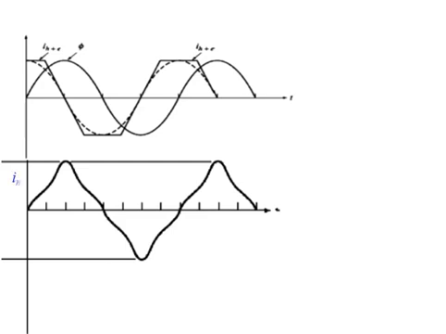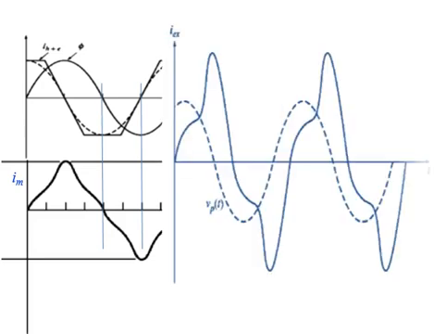Now we are going to add both of them and get the results, and in the blue color you will find the resultant graph, which is ih, equal to the summation of the left two graphs.